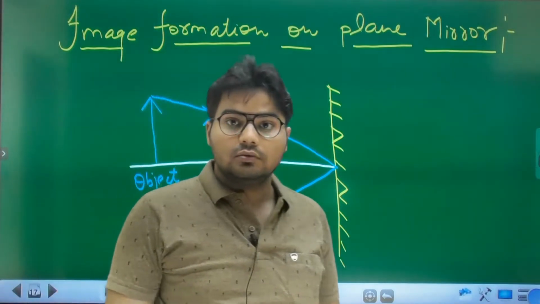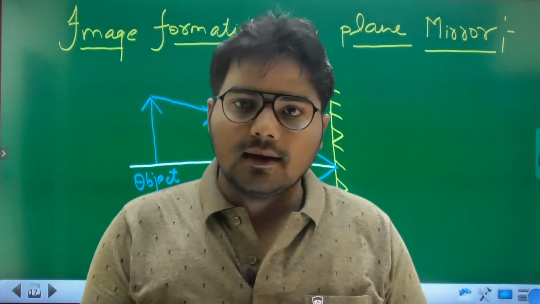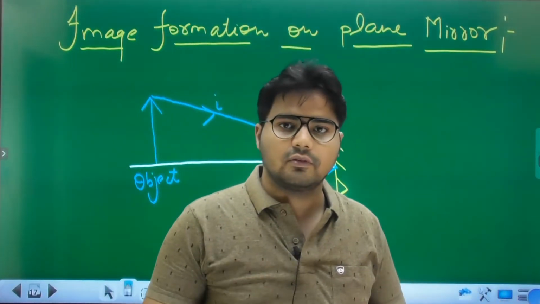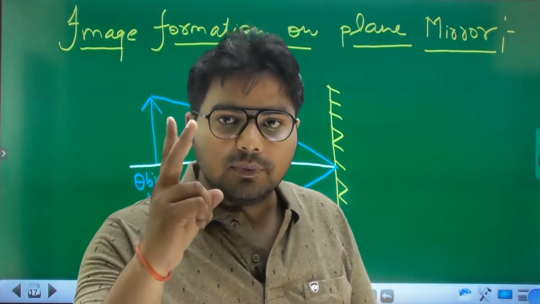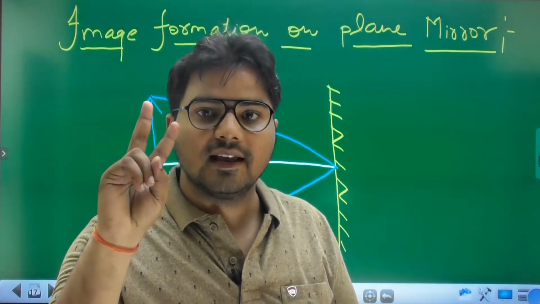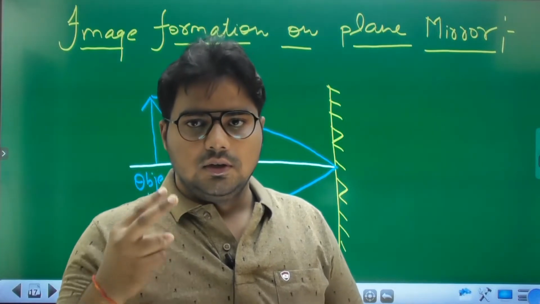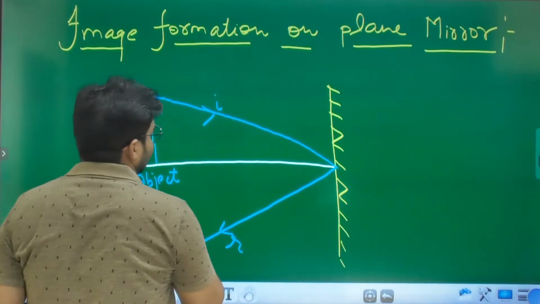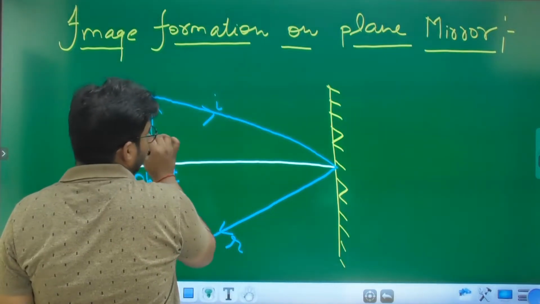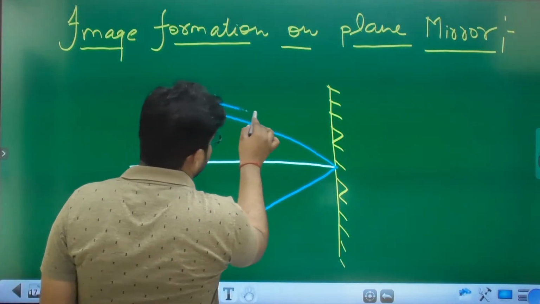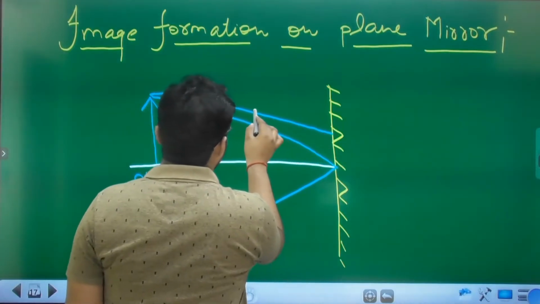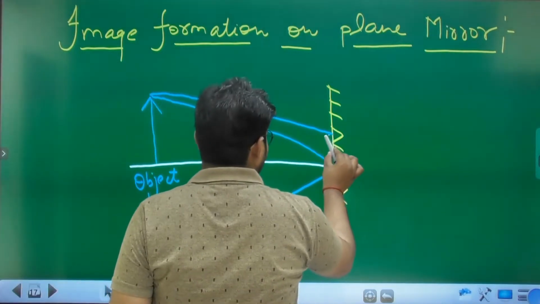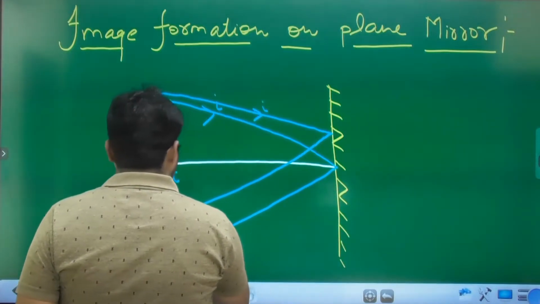To make a ray diagram of any image formation, we require at least 2 rays. So we have to take another ray. This one is also an incident ray, and it simply goes back at the same angle.